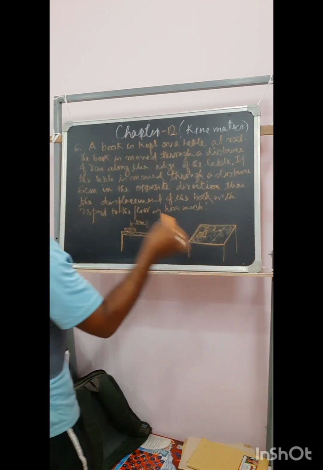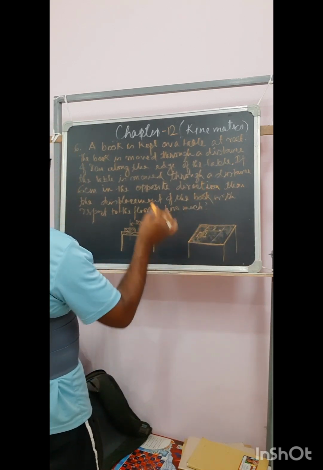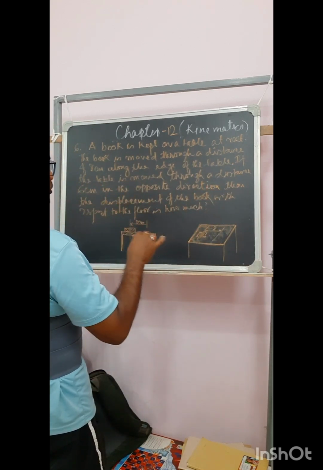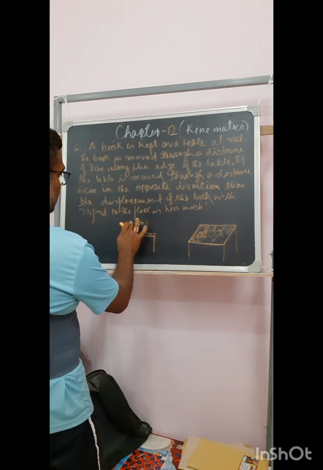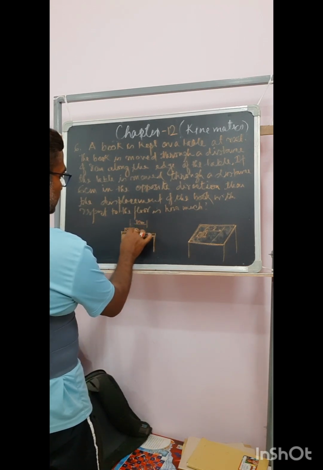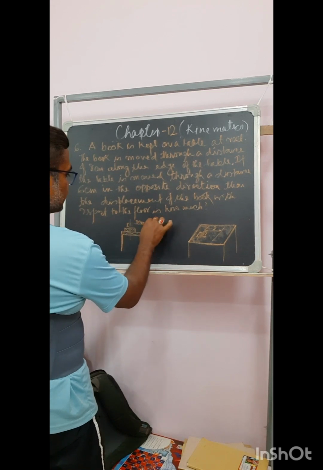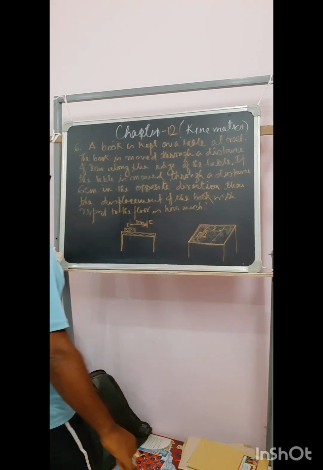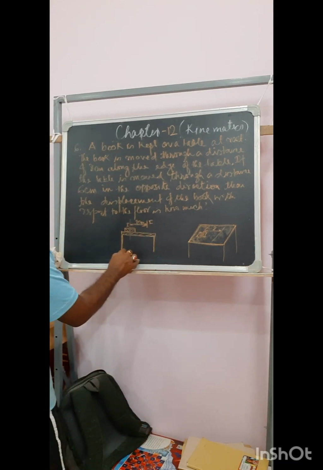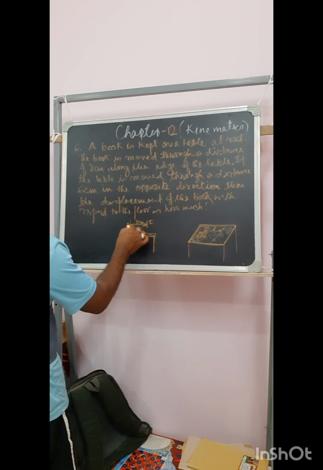If the table is moved through a distance 6 centimeter in the opposite direction, I am assuming that for the book, the initial position is this and this is the final position. So book is moved in this direction, the displacement of the book is this direction. Initially both are at rest.